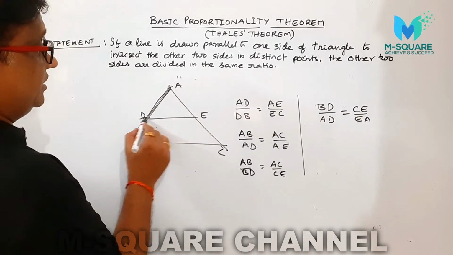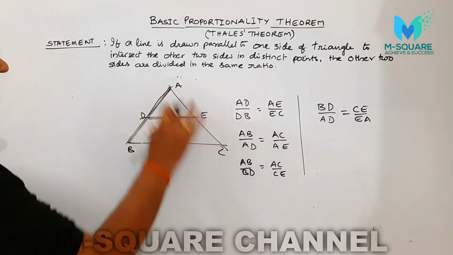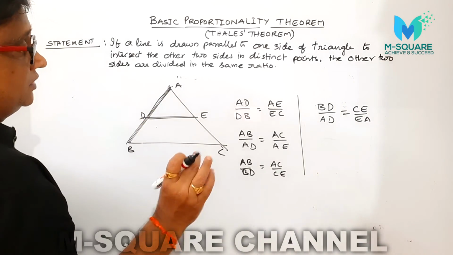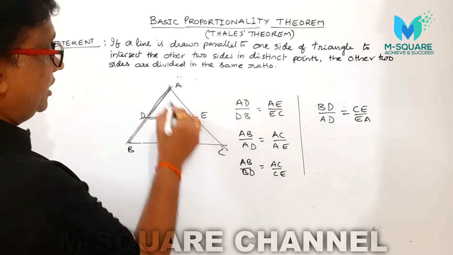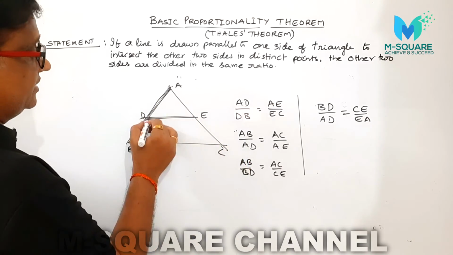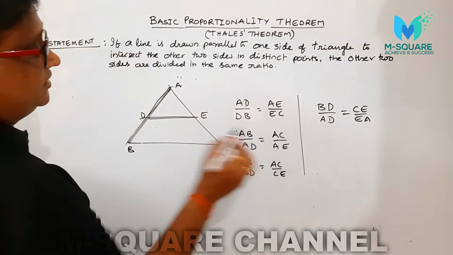Sometimes we take the big triangle and small triangle, or small triangle to big triangle. While writing the ratio, I am taking the big triangle AB first, next AD is the small triangle; AC big triangle, the small triangle is AE.